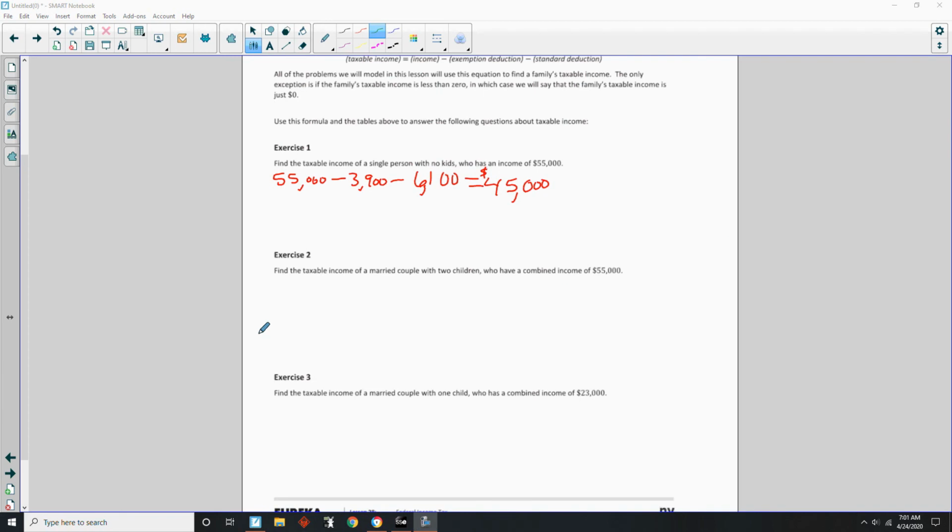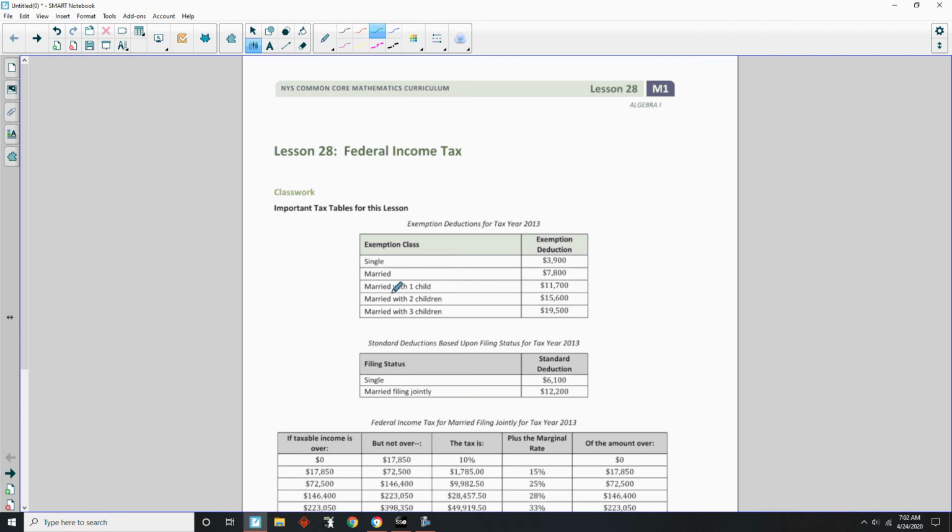Okay, exercise 2 says, find the taxable income of a married couple with 2 children who have a combined income of 55 grand. So we're looking for married, 2 children. So I go back, and now we're married with 2 children, which is 15,600.